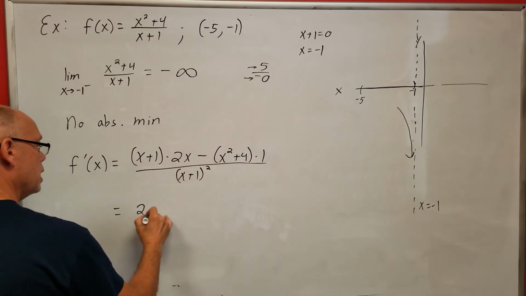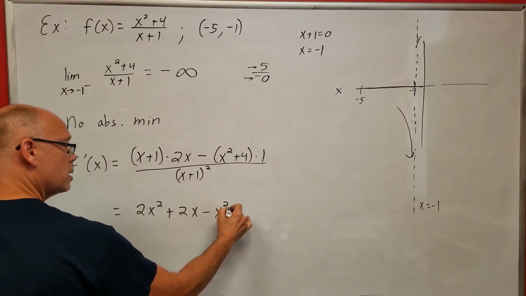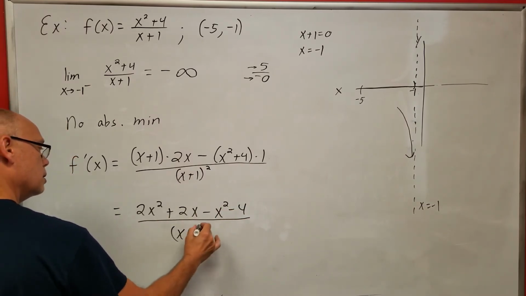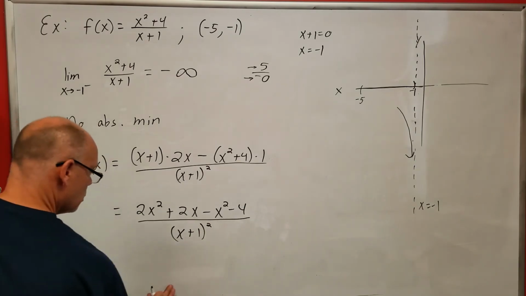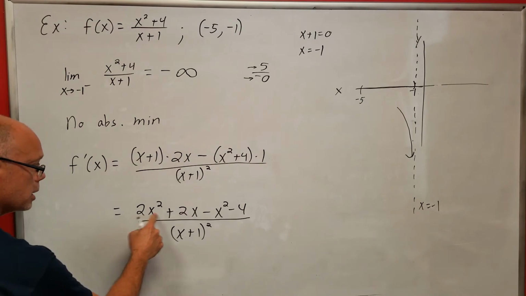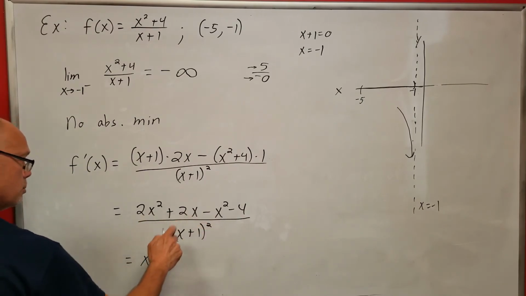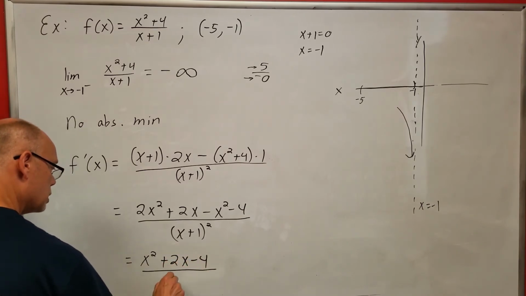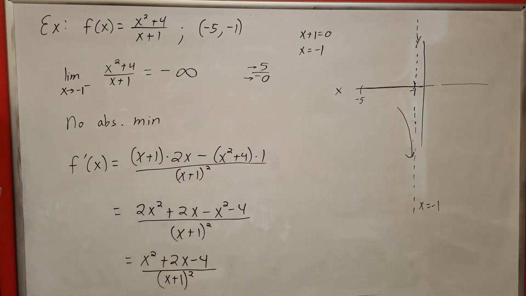So that gives me 2x squared plus 2x minus x squared minus 4 all over x plus 1 quantity squared here. Well, let's combine some like terms. 2x squared minus x squared gives me just an x squared plus 2x minus 4 all over x plus 1 quantity squared. Now what is that? That's f prime of x, right?